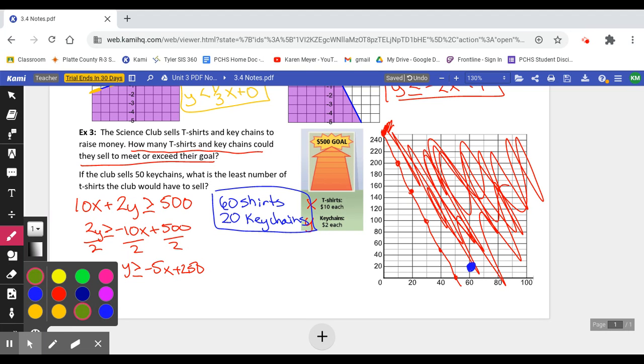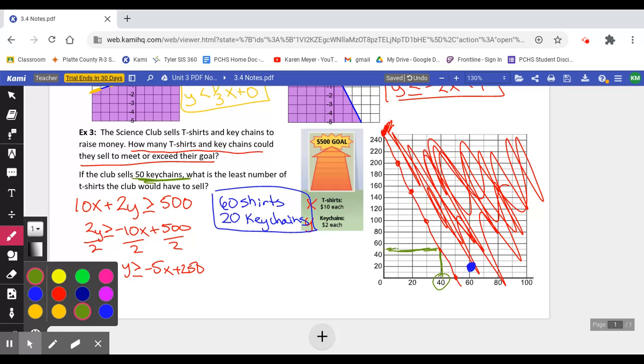So now let's go to the second question. Okay, what if I sell 50 keychains? So remember, keychains is Y. So go on the Y-axis till you find 50. Follow it across till it hits the line. Follow it down, and the X number is 40.